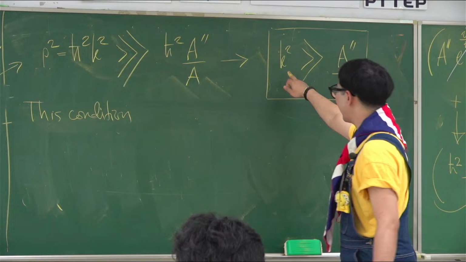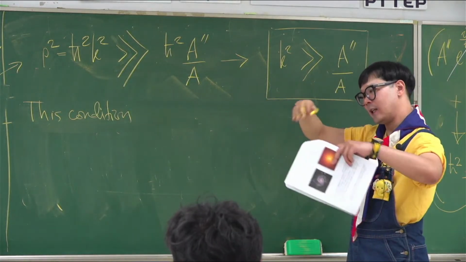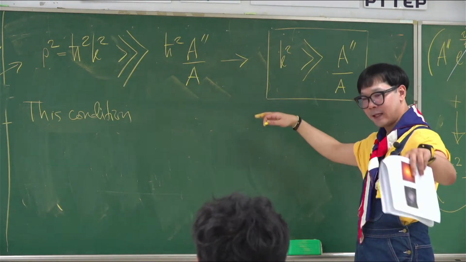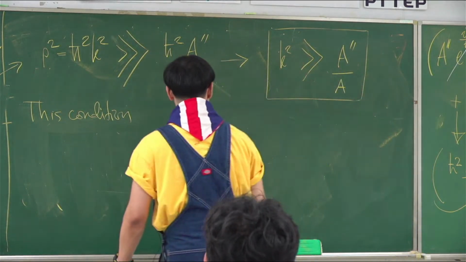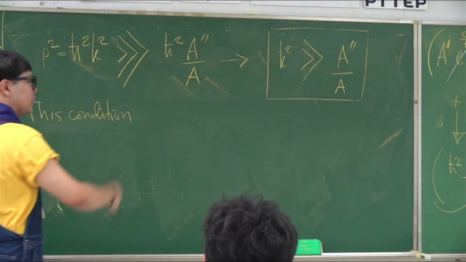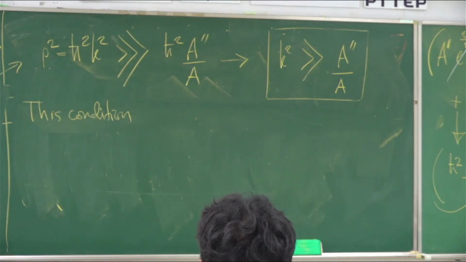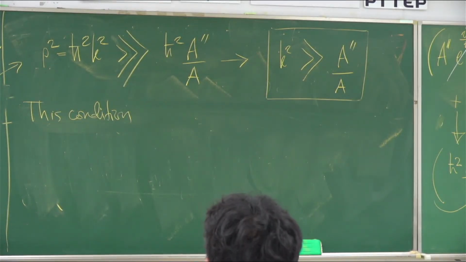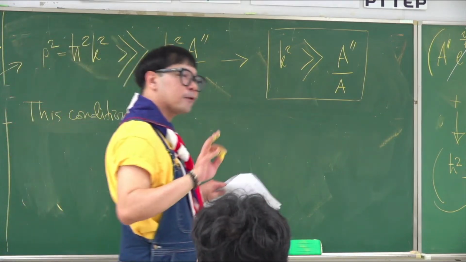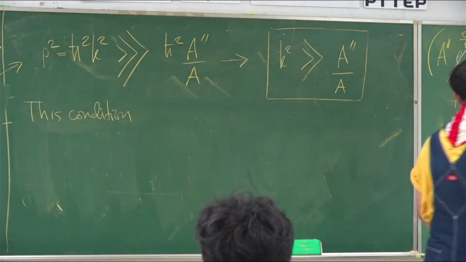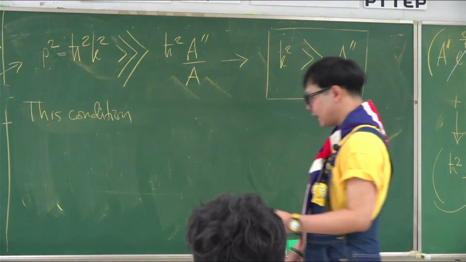So this is a wave number, right? Which is actually related to the wavelength, but this is the amplitude, right? Something to do with the amplitude. Then what can you tell me, what do we have here? I mean, for this condition, the kind of physical meaning behind that.